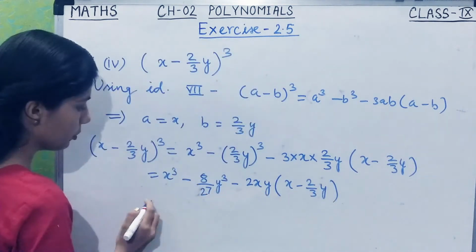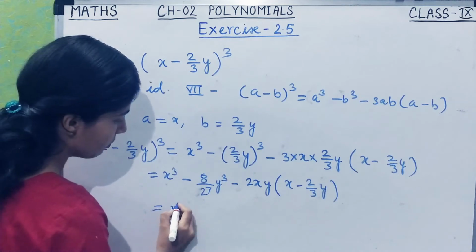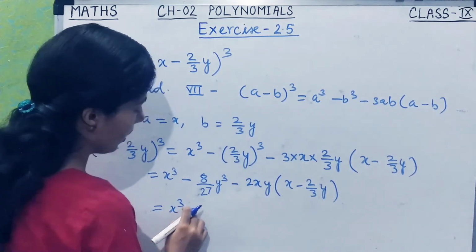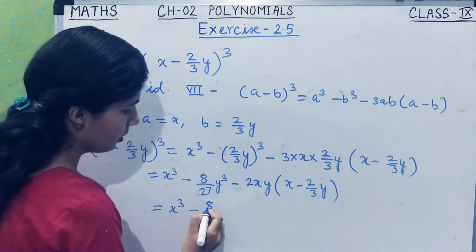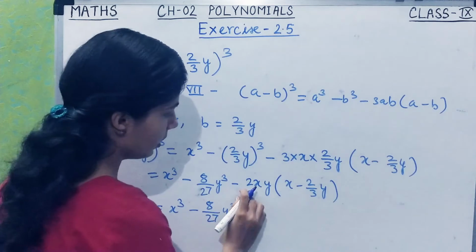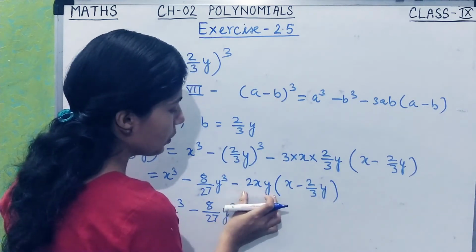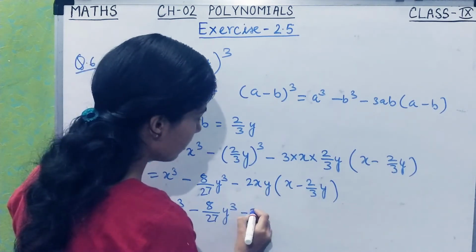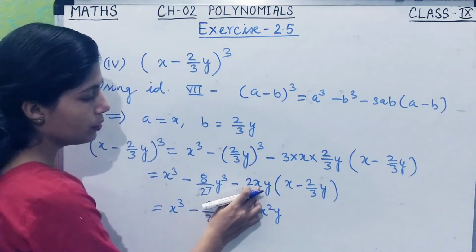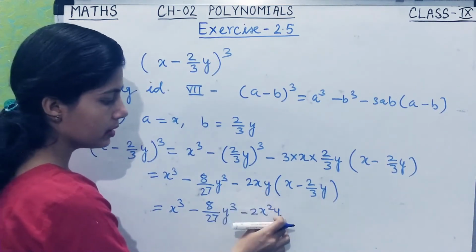Now we have to remove this bracket so that we can find its final expanded form. So x cube minus 8 upon 27y cube as it is. Now minus 2xy into this x means minus 2x square y. 2 into x, x square, and this y.